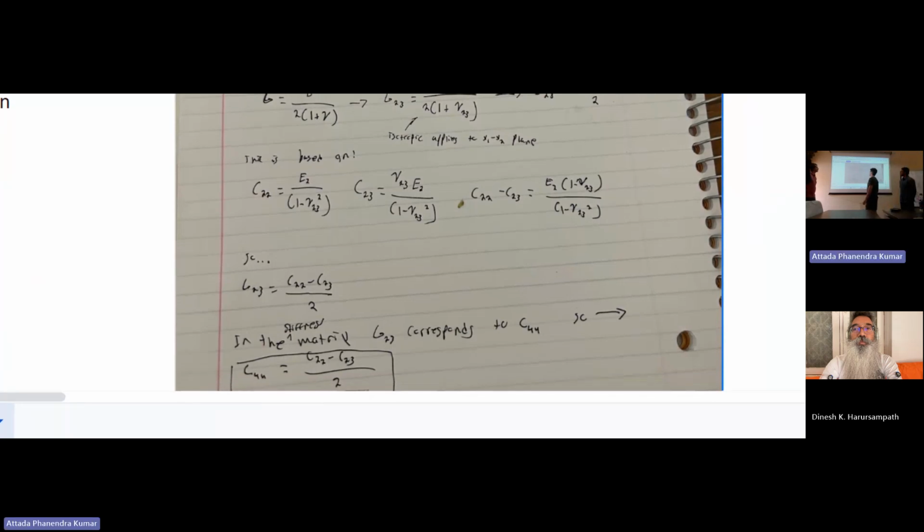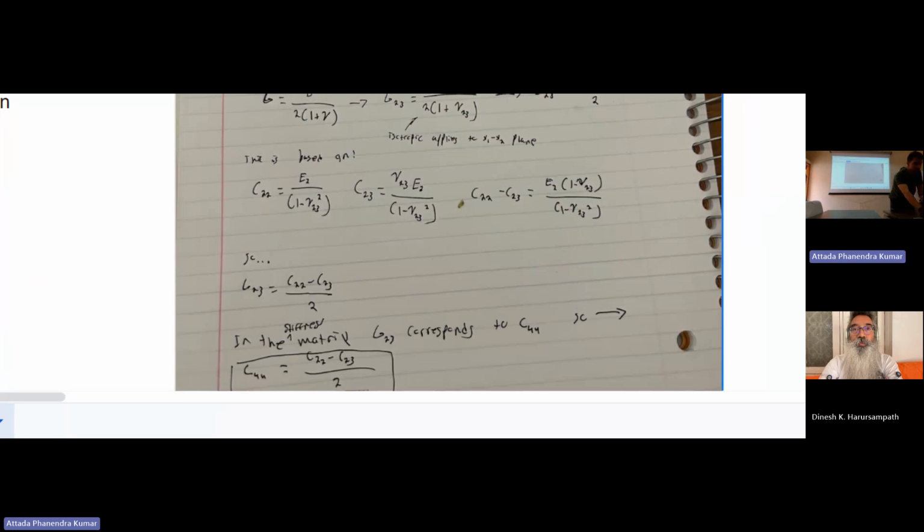For each of these, the definition of C22 is here, the definition of C23 is here. If you do standard algebra, where we say what is C22 minus C23, once you simplify the fraction, C22 minus C23 is equal to E2 times the quantity 1 minus Poisson's ratio 2,3 over 1 minus Poisson's ratio 2,3 squared.